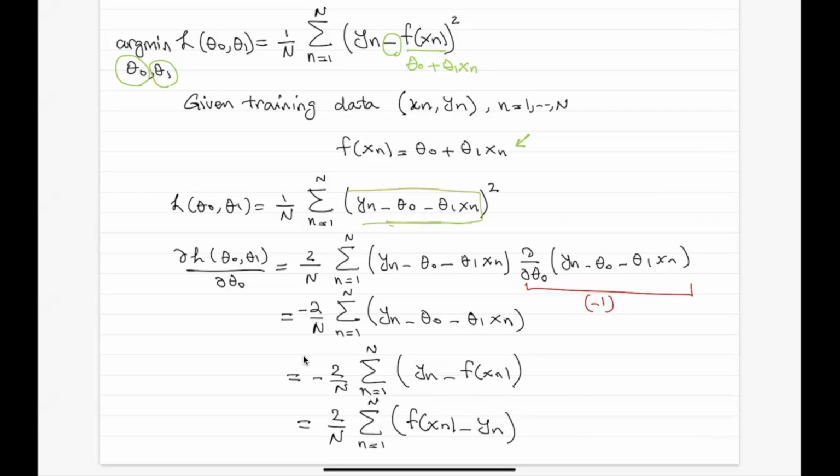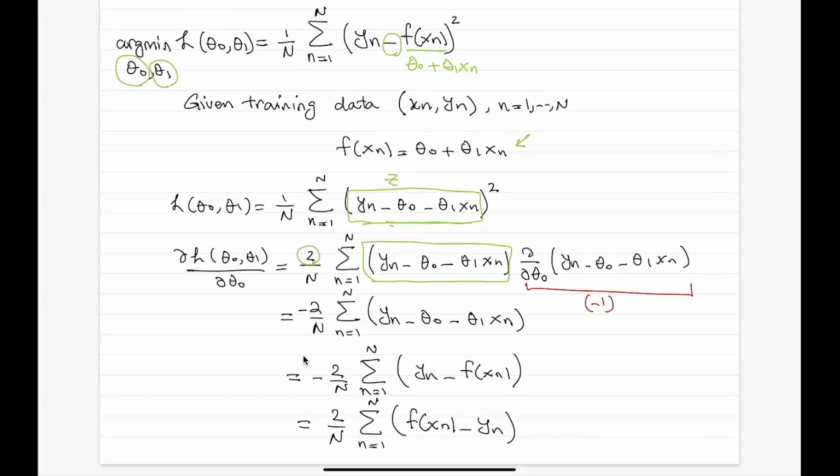For now, think of this as the chain rule, and let's call this z or any other variable that you want. If you take the derivative of z squared with respect to z, that's just 2 times z. The 2 is here, we can take it out of the summation, and this is that variable z that we have. Now, the only thing that remains is that we have to find the partial derivative of z with respect to theta 0 according to the chain rule.